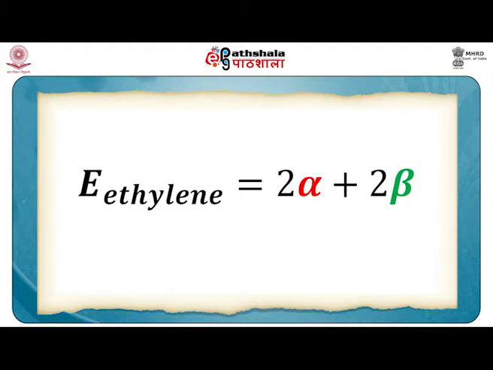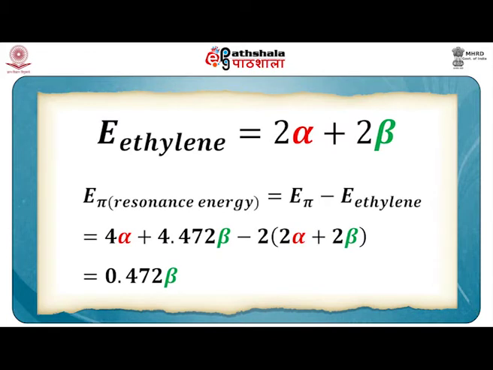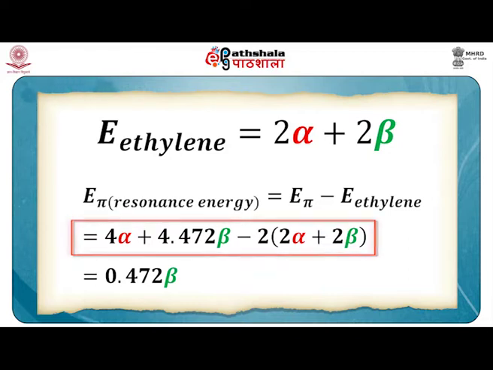that means a 2 pi electron system, is 2 alpha plus 2 beta. And if we now compare it with butadiene, we can see that the corresponding resonance energy would be equal to the total pi electron energy of butadiene, which we have calculated is equal to 4 alpha plus 4.472 beta. This is the total pi electron energy of butadiene. And now minus 2 ethylene molecules, because there are 4 pi electrons, so it becomes 2 times (2 alpha plus 2 beta).